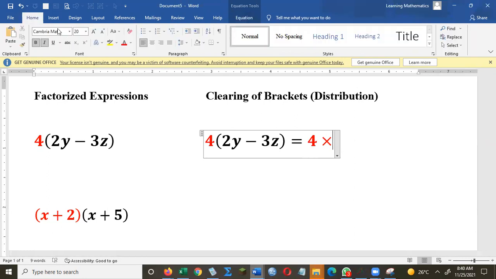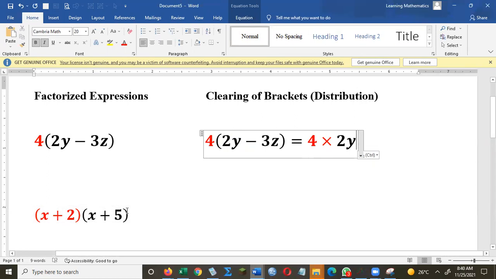That 4 has to multiply to 2y. Getting back, we're going to get back what we started with. And that same 4 has to multiply to whom?